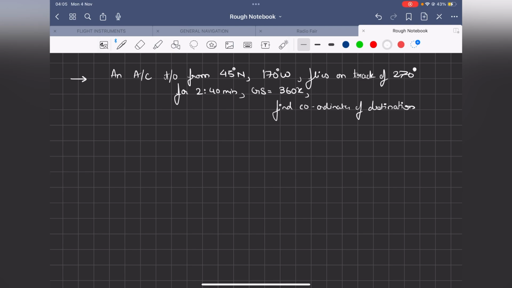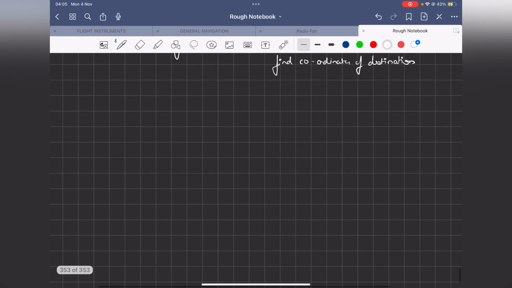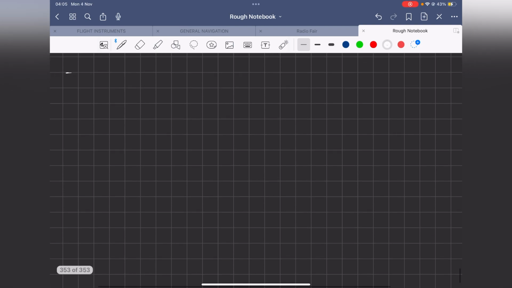Fine. Now, if I were to explain you another model of questions, so far we figured out how to find the basic question of departure. We also looked at models where we were given other two details and we were asked to find our D-longs. Now let's look at what if we are given our D-long and our departure. What do we do to find our latitudes? And what do those questions look like?